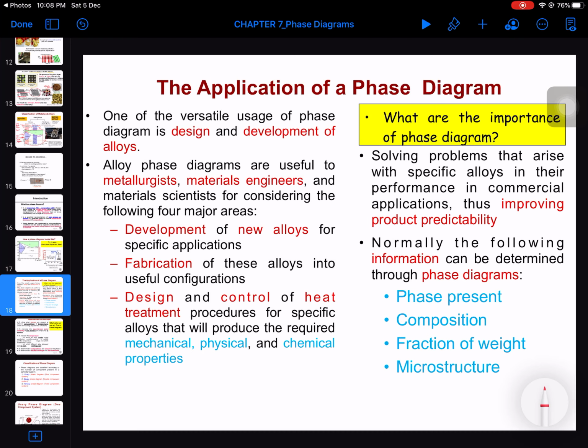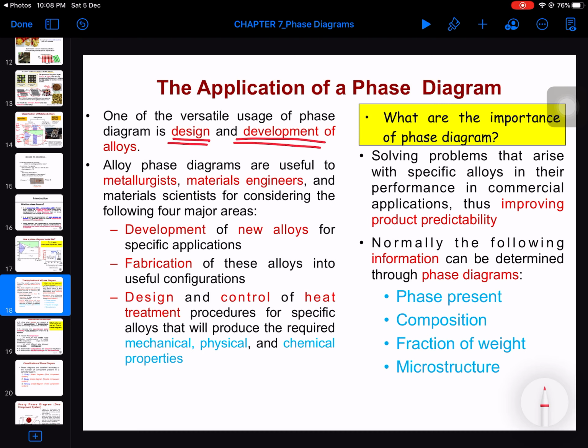Now let's get a brief idea on the application of a phase diagram. One of the versatile usages of a phase diagram is for the design and development of alloys, because we can combine two or more elements and look at all the reactions that we can get during cooling or during heating from that particular combination of elements.